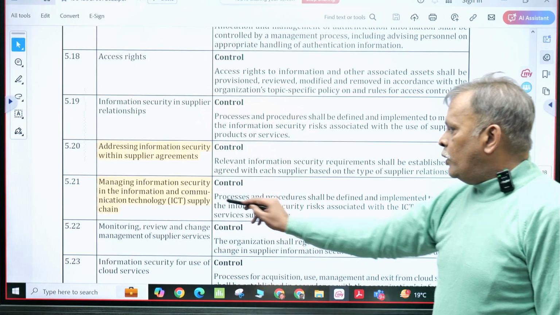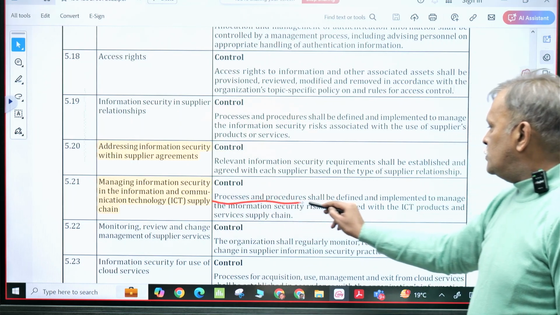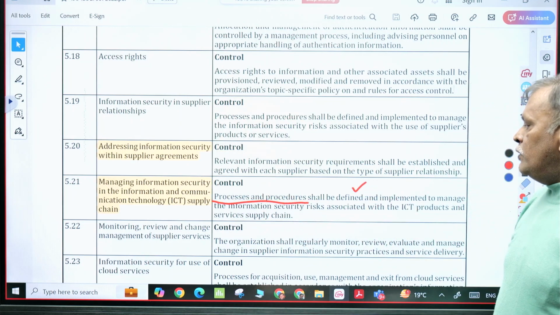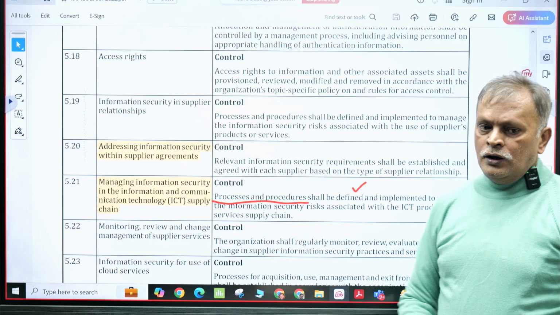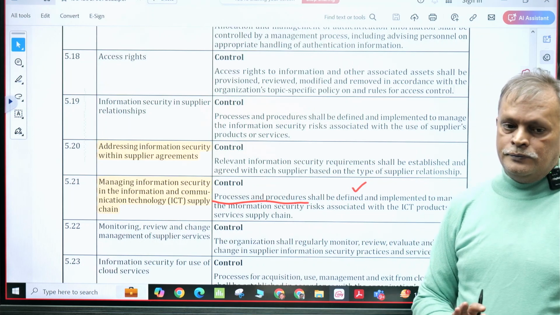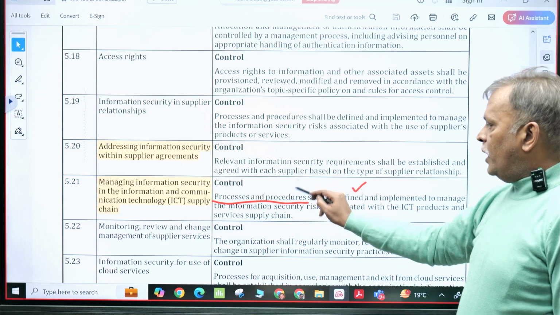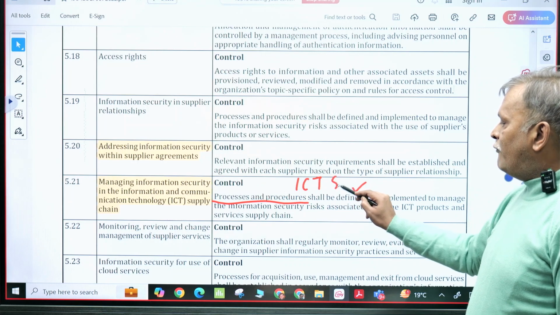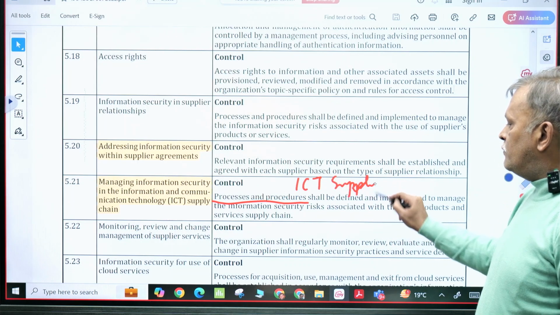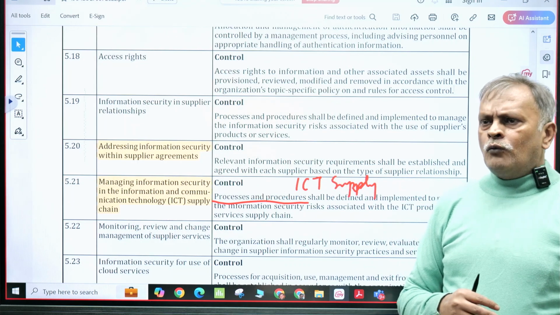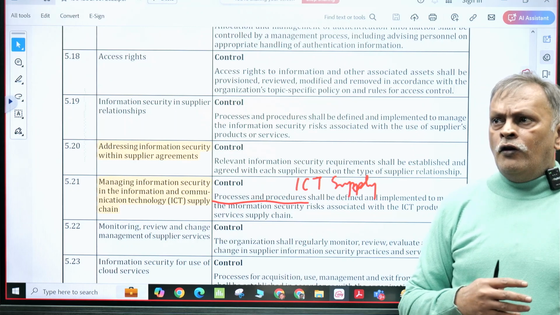So you will have to ensure that processes and procedures are defined vis-a-vis the risks associated with the entire supply chain component.